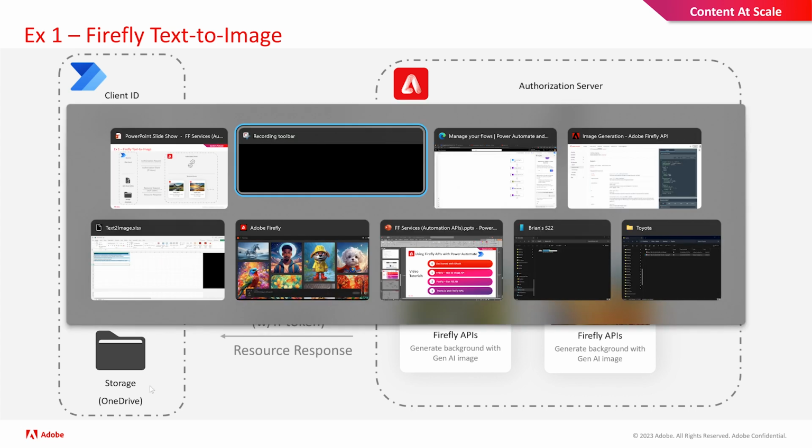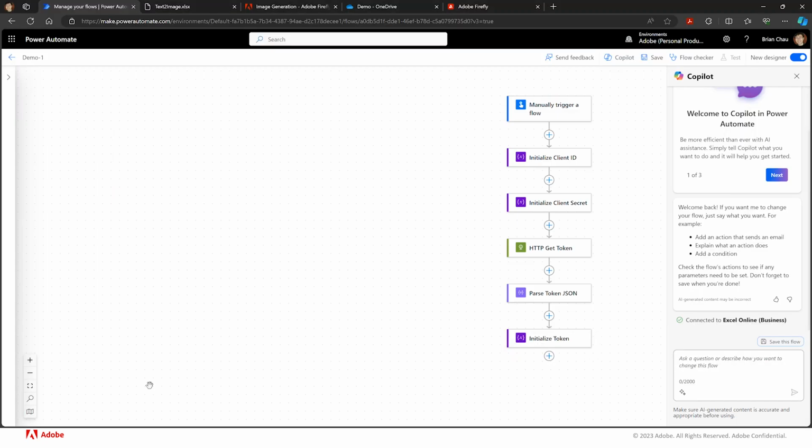And so let's turn it over to Power Automate. This is the flow that we did last time. Again, if you forgot how it was done, you could always refer back to the previous video. But effectively, what we did is that we grabbed the Firefly client ID and client secret. Again, this is if you have the Firefly API license.